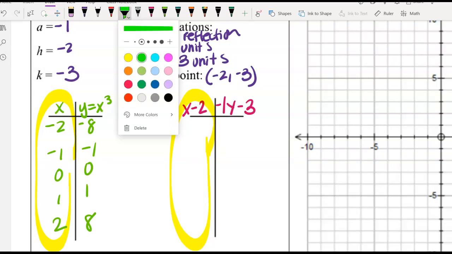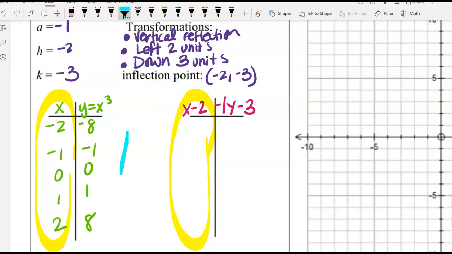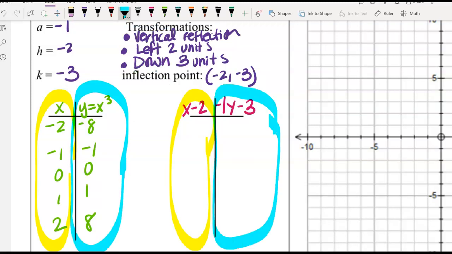Then you want to take your output from the parent here and change it by multiplying by negative 1 and minusing 3. Okay, so negative 2, take away negative 2, negative 4, negative 1, take away negative 2 is negative 3, then it's going to be negative 2, then negative 1, and then 0.